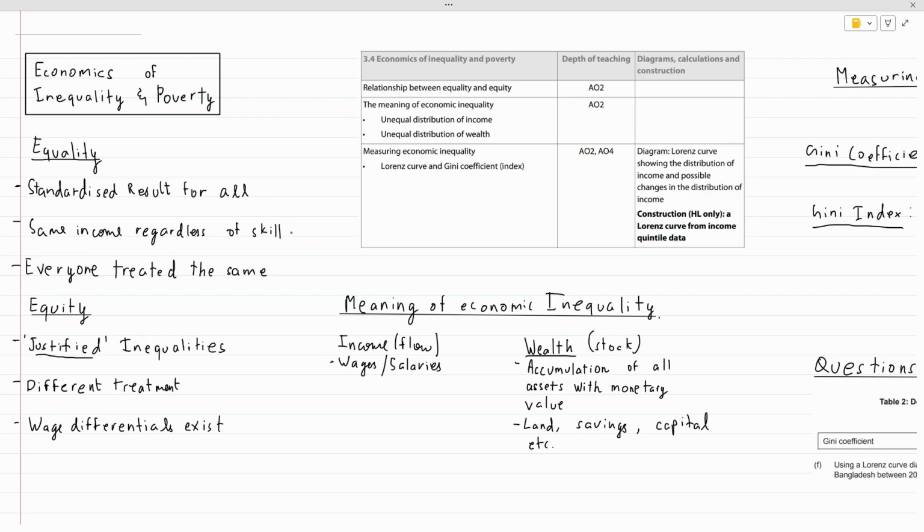So regardless of all those things, they all earn the same amount of income. That is an example of the idea of equality, where there's a standardized result for all, which in this case would be the same income for everyone.